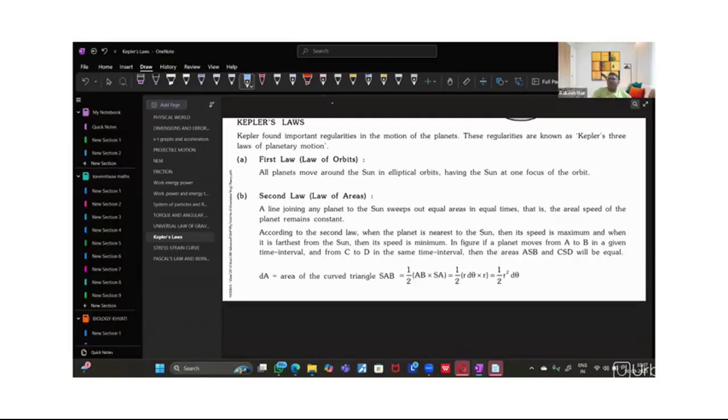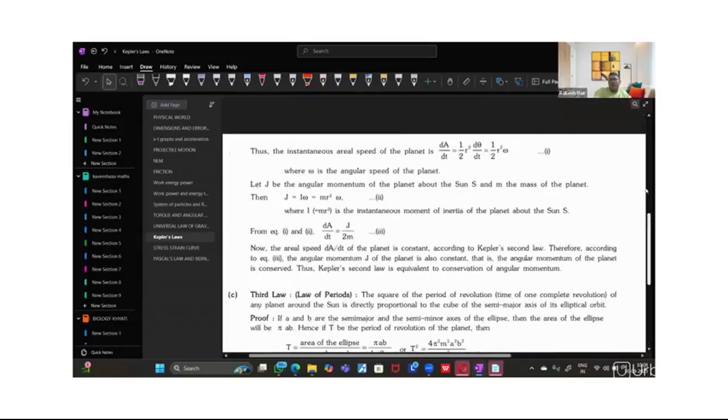All planets which are moving around the sun in elliptical orbits have the sun at one focus of the orbit, which means that the central point is none other than our sun, about which the planets rotate.